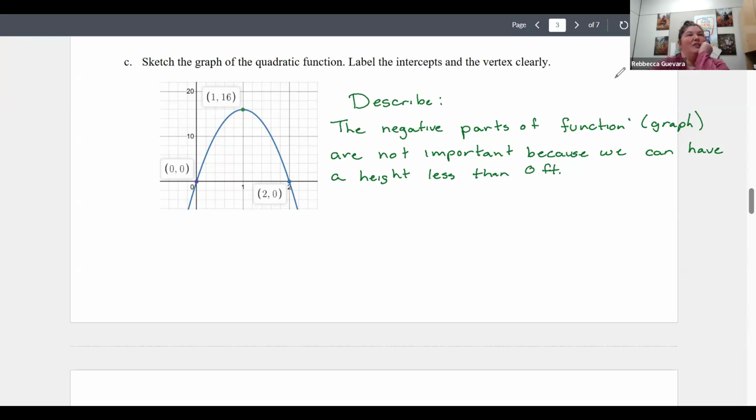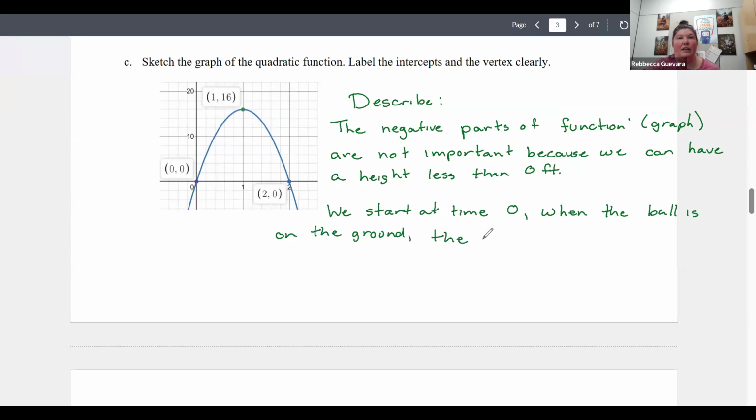You could describe this as we start at 0 and the ball rises. At time 0 the ball is on the ground, and the height rises or increases until 1 second after throwing.